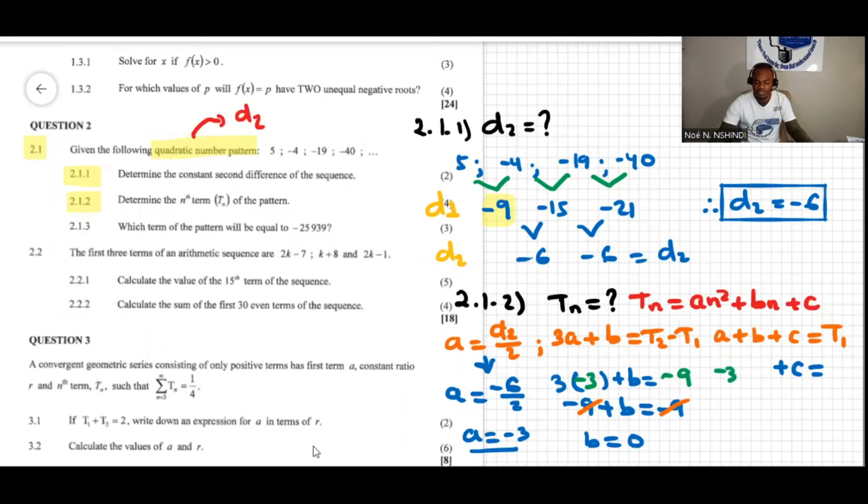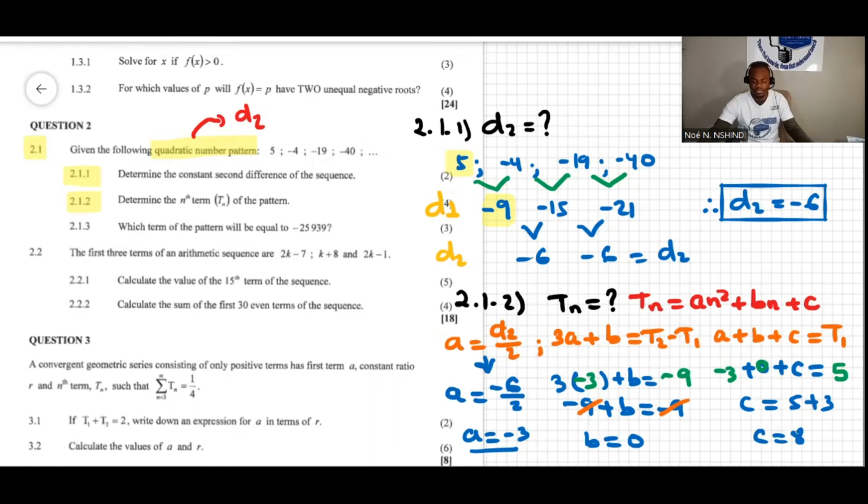So we have -3 plus 0 plus c equal to T1, the first term, which is 5. I'm going to substitute the value of 5. If I move the negative 3 over, that makes c equal to 5 plus 3, and therefore c will be equal to 8.